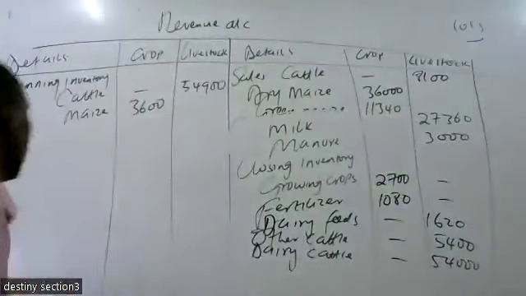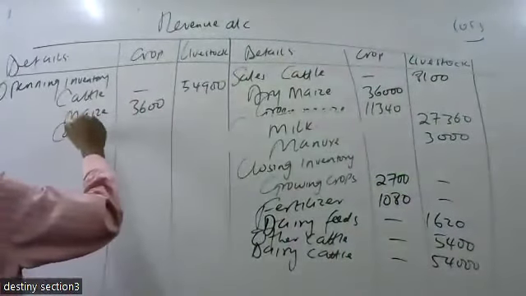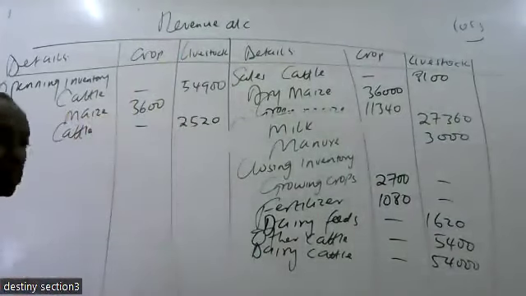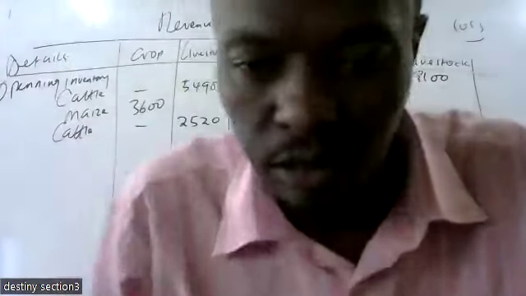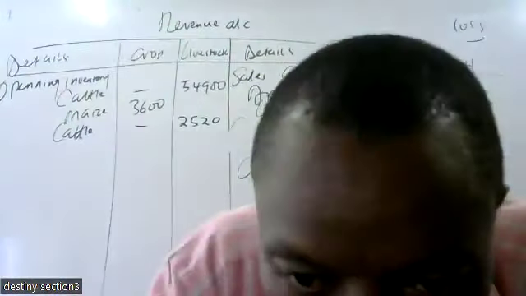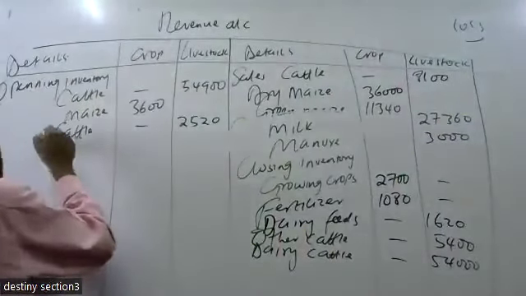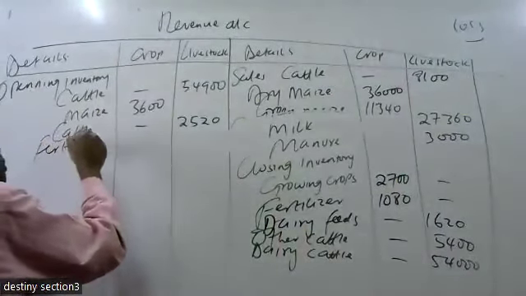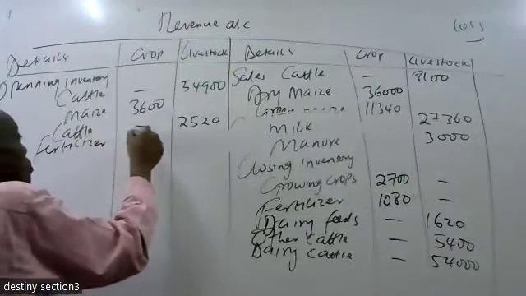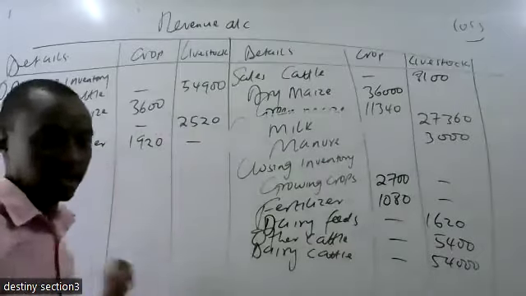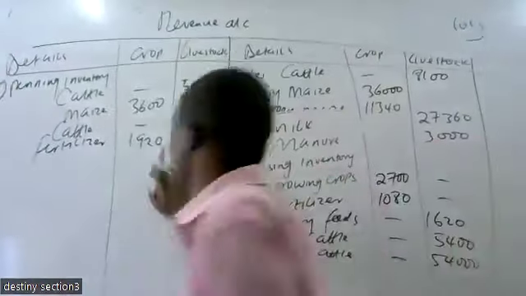Dairy cattle, that 2520, good. Goes to livestock. Fertilizer, 1980. Good. It goes to crop. I think we are done. 1980, sorry.